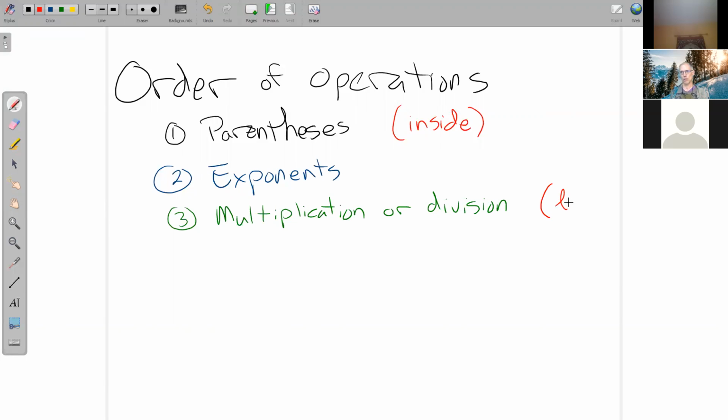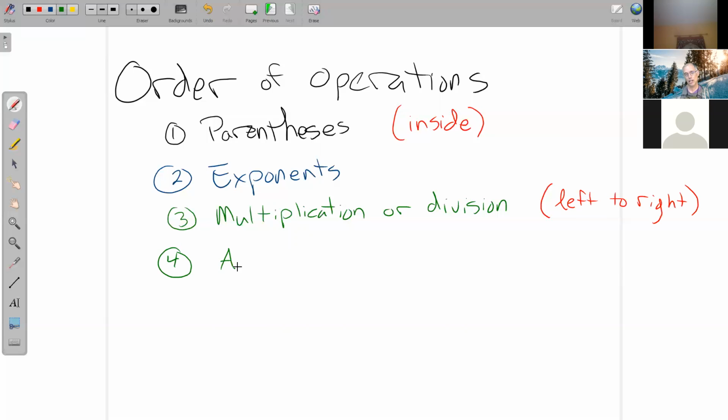Multiplication does not come first necessarily. Okay, so it's multiplication or division left to right. So if there's a division to the left of multiplication, you got to do the division first. And somehow I missed that when the teachers talked about it. It wasn't obvious to me. Maybe they said it and it went over my head.